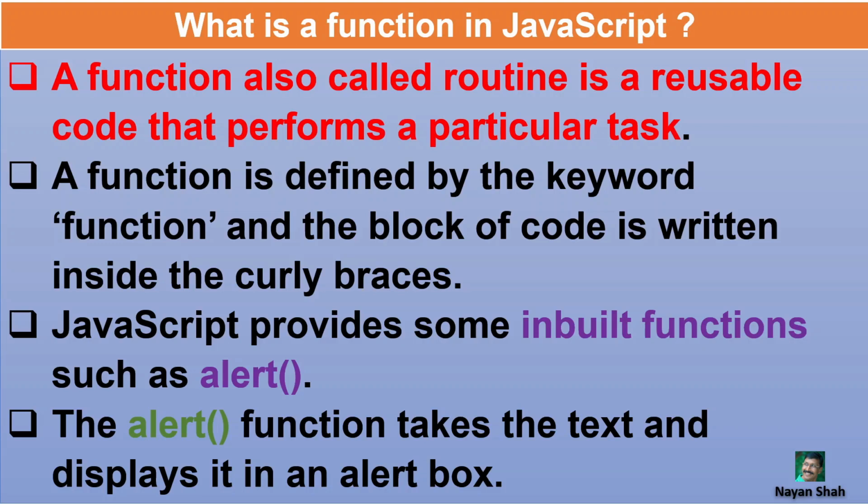So an alert message gives some alert to the user, so that the user comes to know that something is happening in my web page, and the web page is giving me some alert. For example, in a form you have written two different passwords, so there is some mistake in typing.